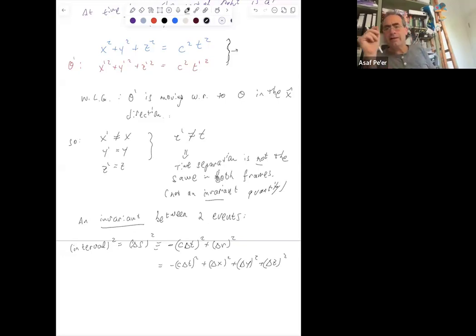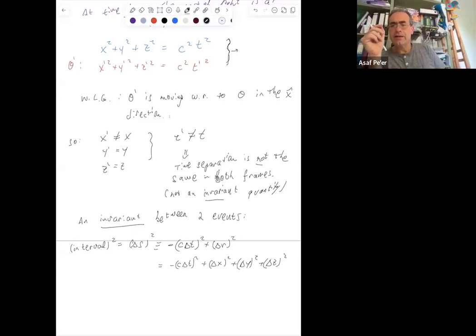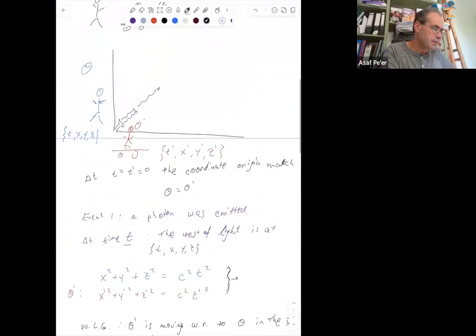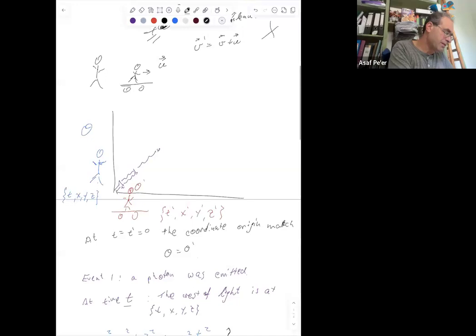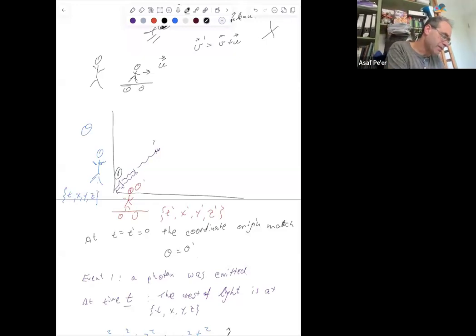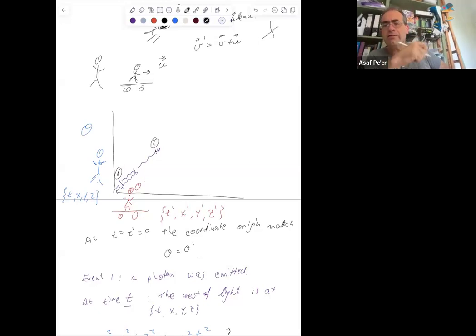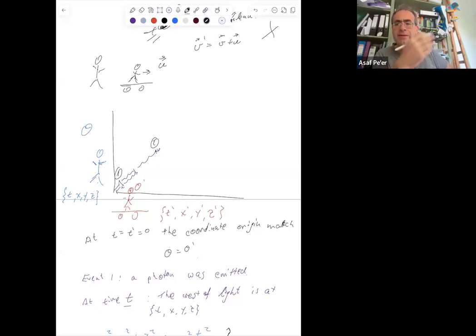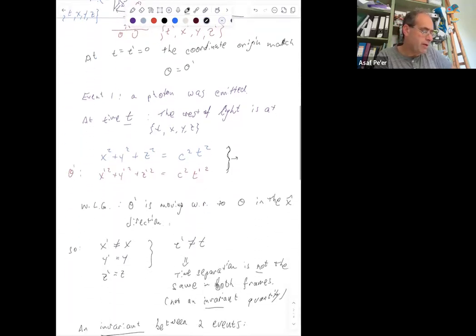So again, delta T is the time separation between the two events. In our example, the first event is the emission of a photon, and the second event is the detection of the photon. The interval is the time separation between these two events minus the space separation between these two events, and this is an invariant quantity.